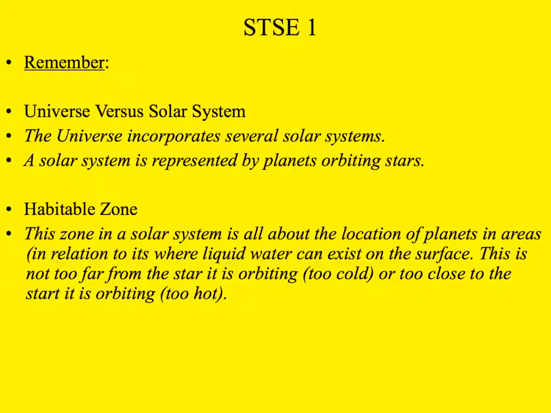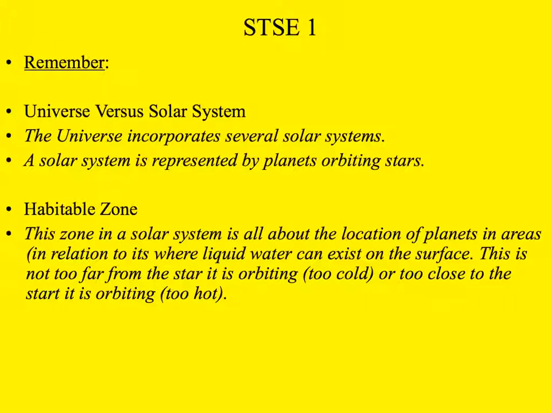A solar system is simply a star that has planets orbiting around that star. So in the case of our solar system, we have our central star, which we call the Sun, and we have various planets like Earth and Venus and Jupiter that actually orbit that Sun. So that is the definition of a solar system.